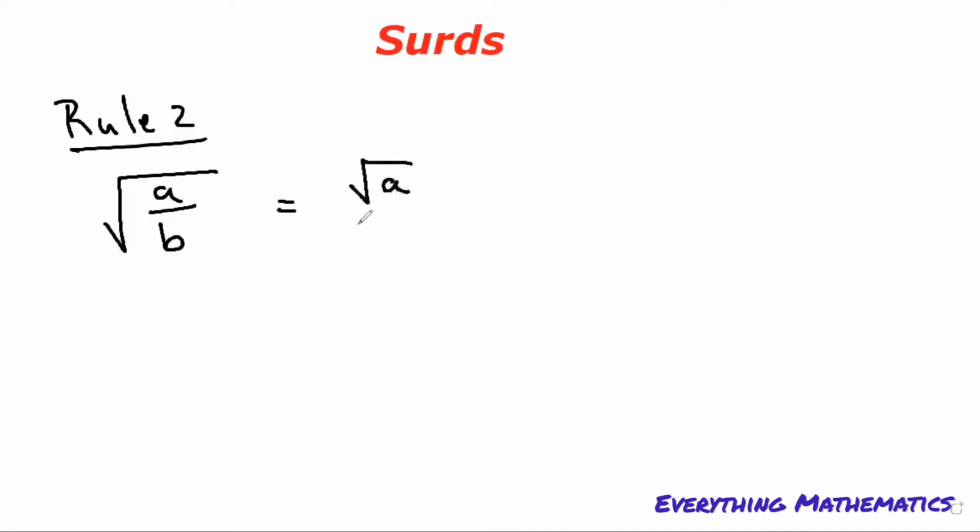So it's the same as the root of A divided by the root of B. In other words, if you have a fraction under a square root sign, you can apply the laws of surds, or rule 2 to be specific, to separate the numerator and the denominator with their own root. So here, if we have the entire root of A over B, that can be represented as the root of A divided by the root of B.